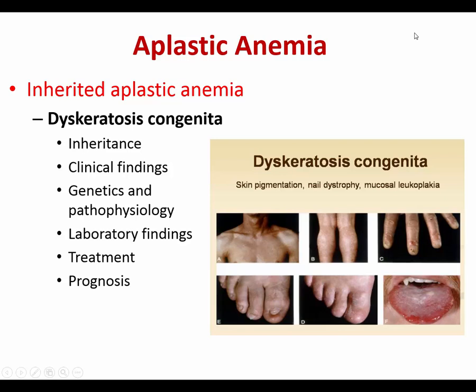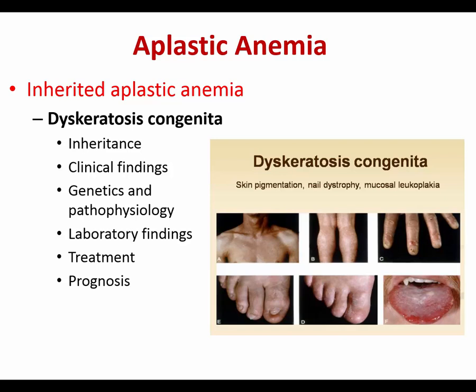Dyskeratosis congenita is going to be another type of aplastic anemia that is hereditary. To my knowledge, I'm not very updated on this one. Last time I checked, about 6 different genes are involved, with mutations. But you also realize that in this case, yes, aplastic anemia is going to be one of the symptoms, but you will have a lot of other symptoms as well.